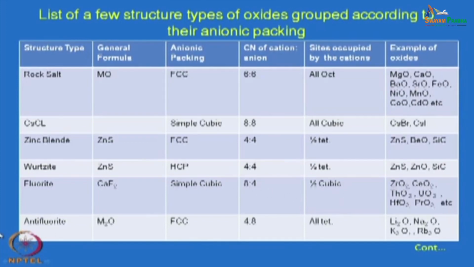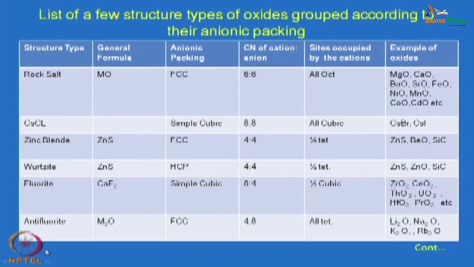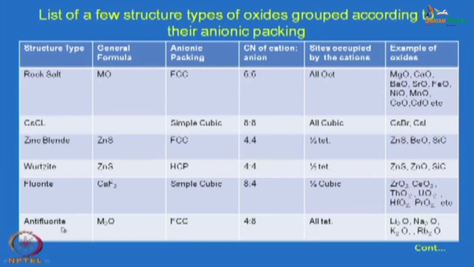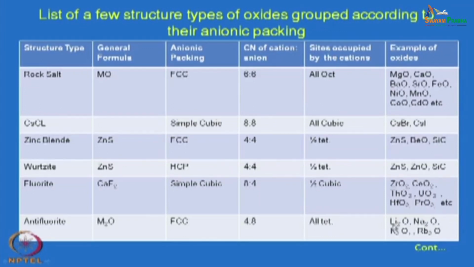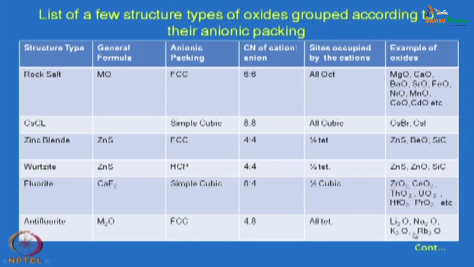Then in addition to fluorite, you have another structure type which is called antifluorite. If you look at the chemical formula of these compounds, one is CaF2, whereas the other is M2O. Okay. So, these are monovalent metals, alkali metals like lithium, mostly lithium oxide, sodium oxide, potassium oxide, rubidium oxide.